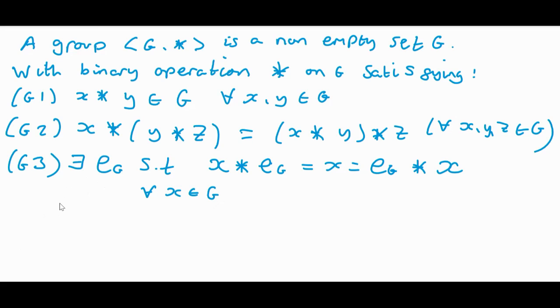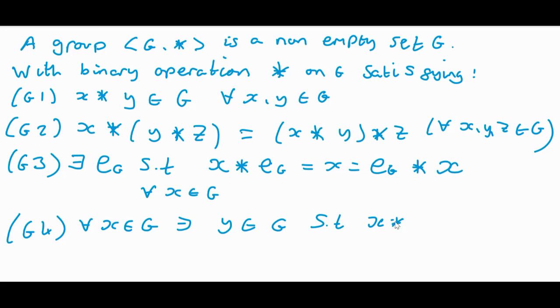So for multiplication on the real line, that would be the number 1. For addition on the real line, that would be the number 0. Example. The final axiom is to do with inverses. So for all x in G, there exists y in G such that x star y is equal to the identity, which is equal to y star x.